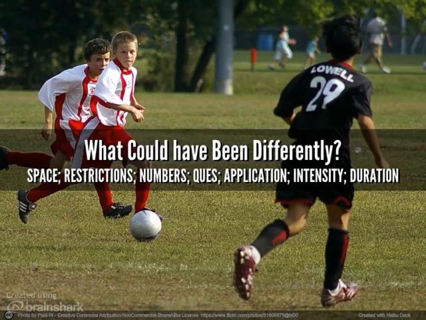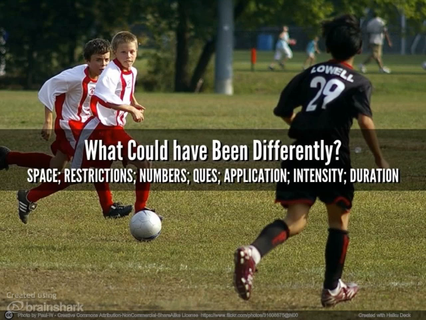The second question in the reflection is what could have been done differently? Here you're going to reflect on, was the space proper? Did I use the proper area of the field? Did I include restrictions that helped paint the picture of what I was trying to accomplish? Did I have the proper numbers of players on the field?